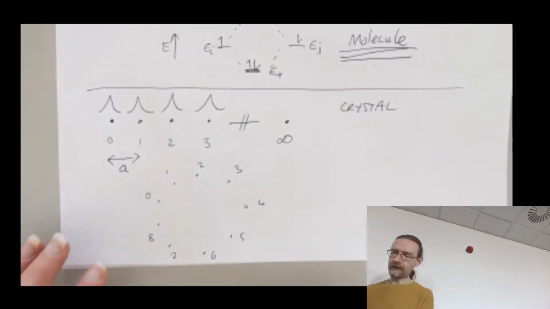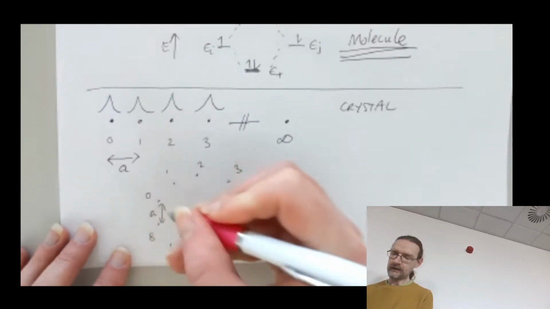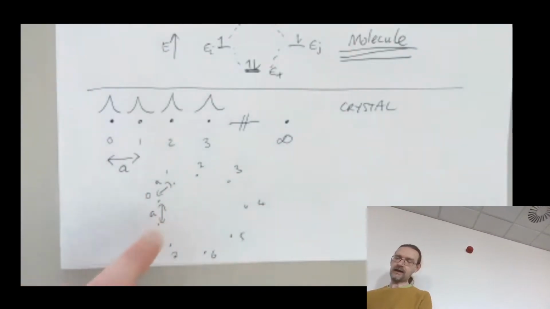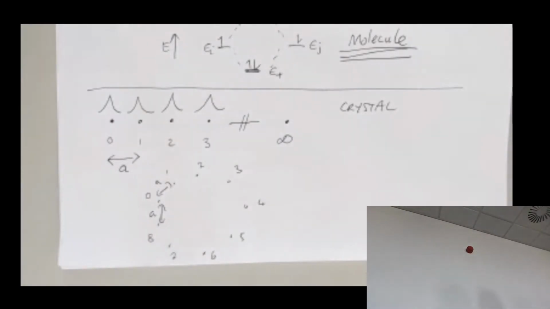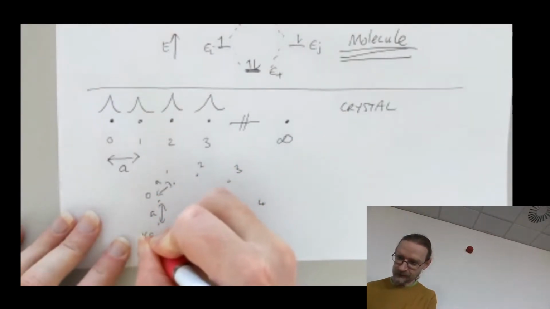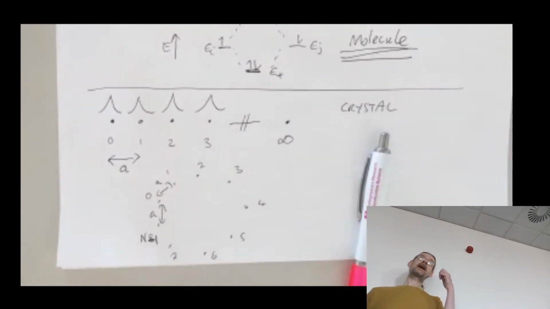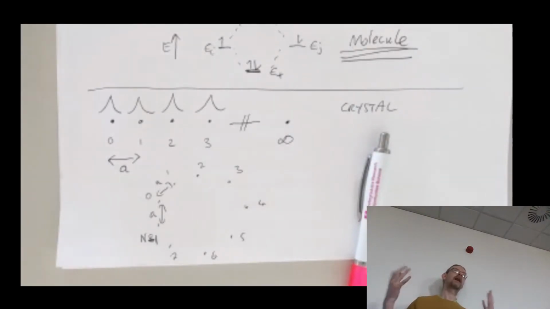I'm not really going to curve it, but I'm going to have the last atom connected back to the first atom. If you like, it's a ring of atoms, and there are going to be N atoms in the ring. I'll write this as atom 0, 1, 2, 3, up to N minus 1, so N atoms in the crystal, and then it goes back to where it started.